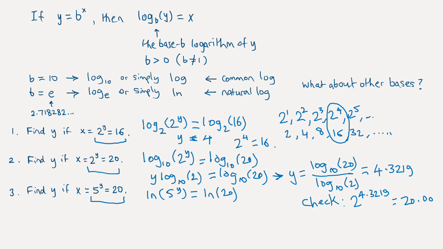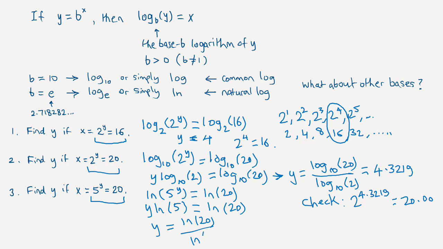We'll use the property of logarithms on the left-hand side to write this as y times the natural log of 5 equals the natural log of 20, and then we'll solve that equation for y.